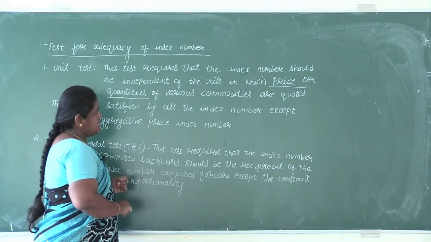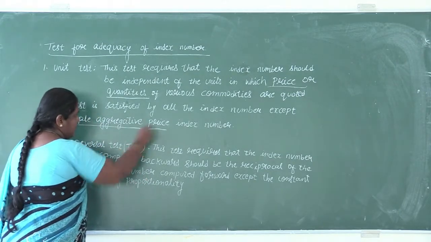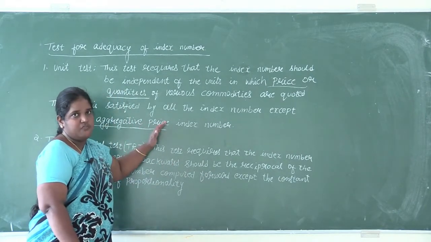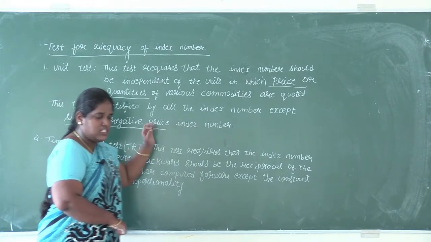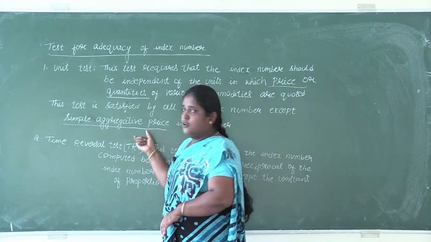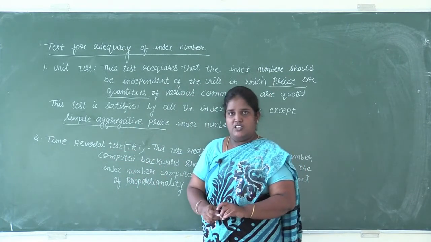And this test is satisfied by all the index numbers except the simple aggregative price index number. It is asked in 2 marks: explain unit test. Then you have to write the definition of this and the index number which does not satisfy unit test.